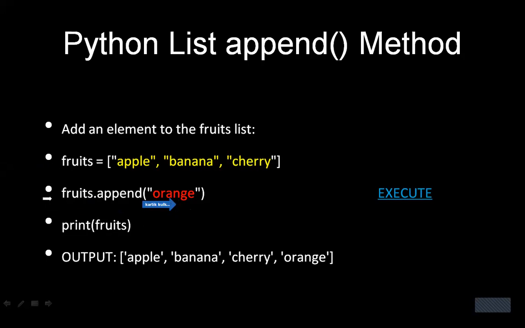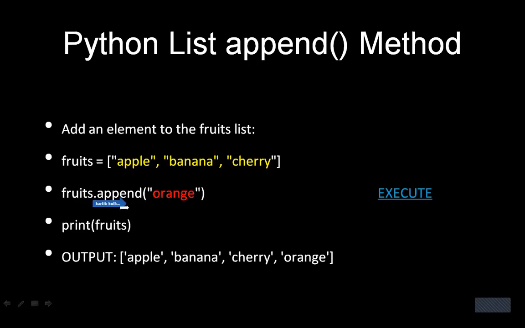Now here I have taken fruits. Why have I taken fruits? You might ask the question. I have taken fruits because I have specified the list as fruits. If you had specified ECC section, then at that time you would take the name as ECC section. So fruits is nothing but the name of the list, then the dot, and then append.